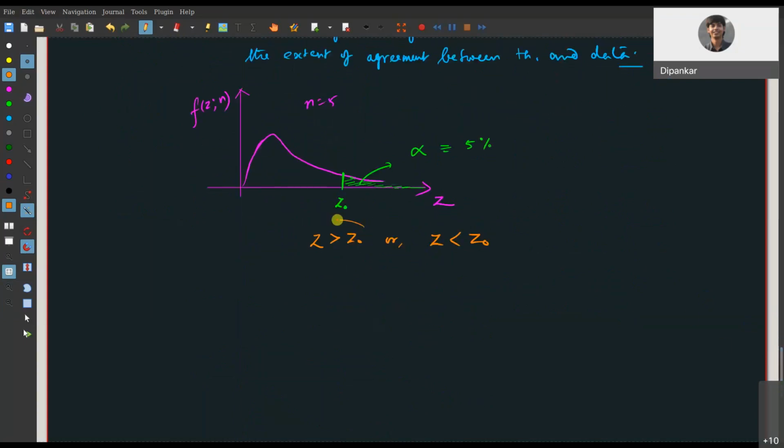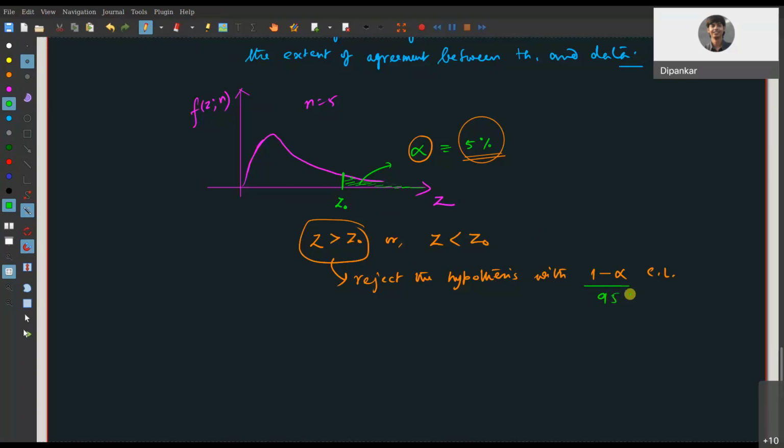Remember, if z is greater than z0, after you calculate z from a theoretical input, then you reject the hypothesis or the theory with 1 minus alpha confidence level. If alpha is 5%, then 1 minus alpha will be 95% confidence level.